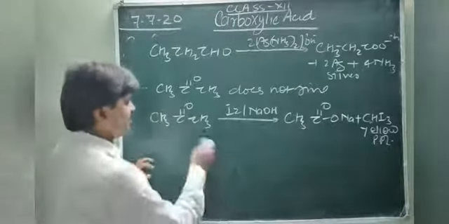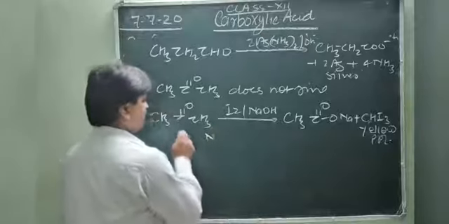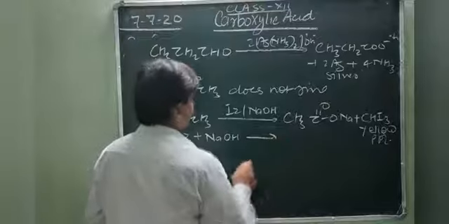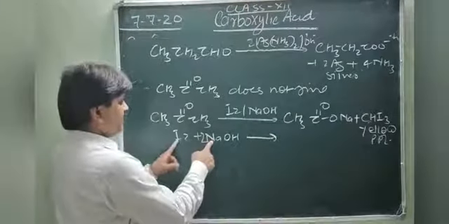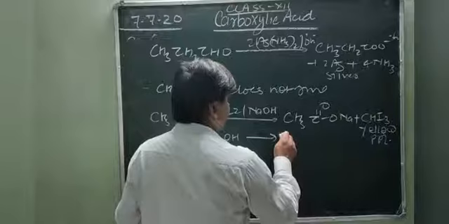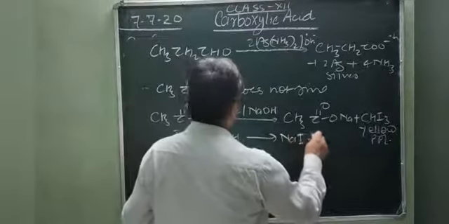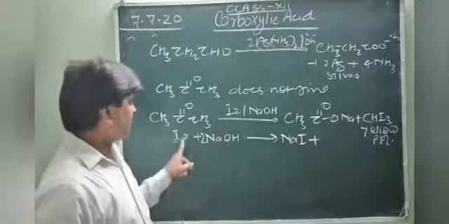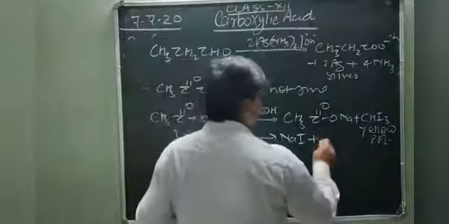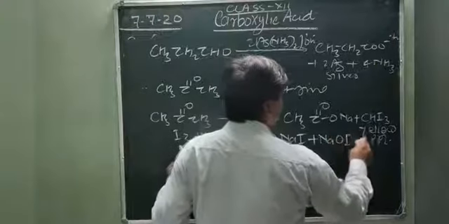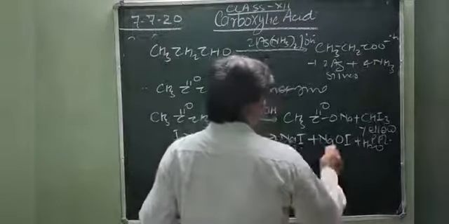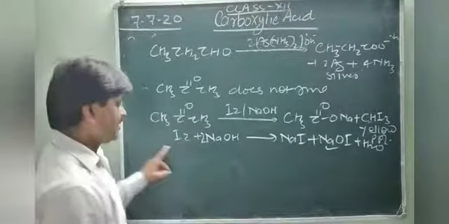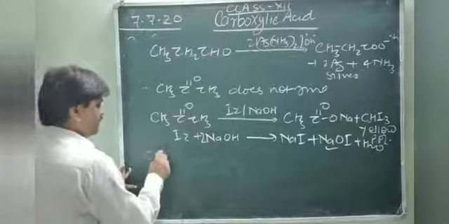Actually, this reaction proceeds in this way. First of all, iodine and sodium hydroxide react to form sodium hypoiodite: 2NaOH plus I2 gives NaI, sodium iodide, and NaOI, sodium hypoiodite, plus H2O. So iodine and NaOH react to form sodium hypoiodite.